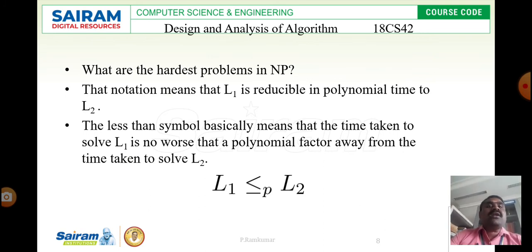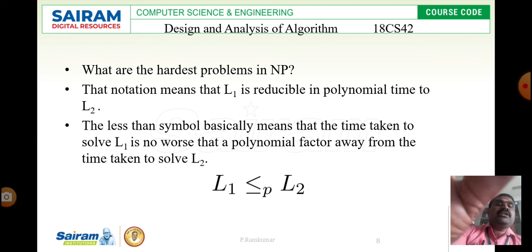What are the hardest NP problems? The notation means L1 is a language and L2 is another language, where L1 is less than or equal to L2 in polynomial time. This means the time taken to solve L1 is not worse than a polynomial factor away from the time taken to solve L2.